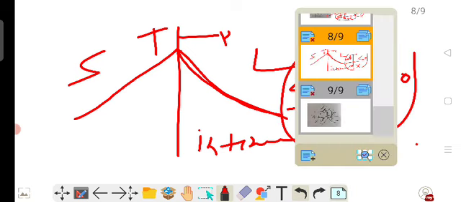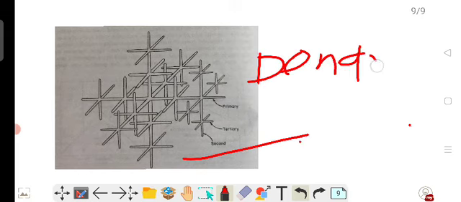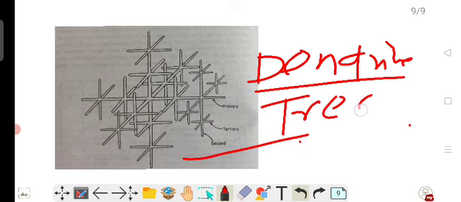In this way, we get this type of three-dimensional structure. This is known as dendritic. It is a tree-like structure where these are the primary arms, this is the secondary, and this is the tertiary.